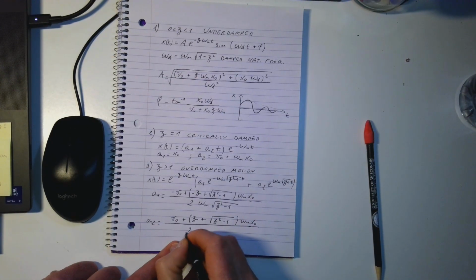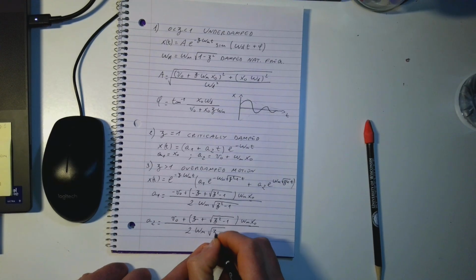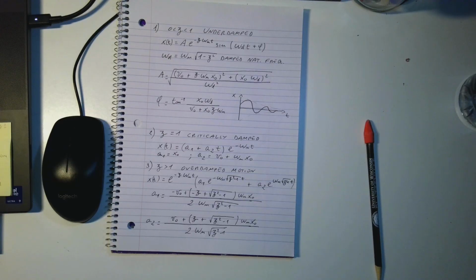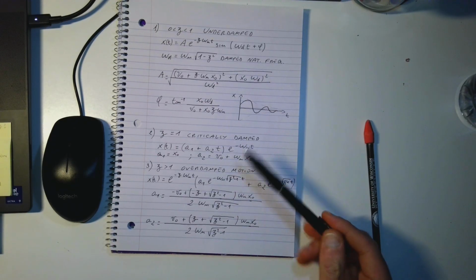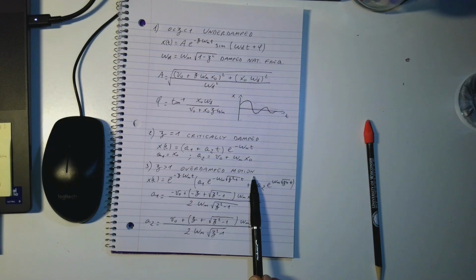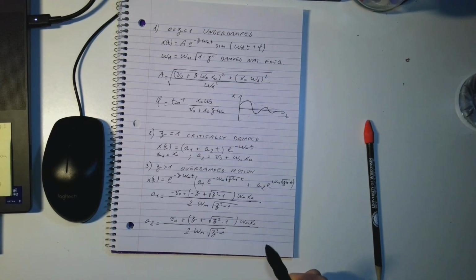The denominator will be the same, 2 omega n square root of zeta squared minus 1. Again, in these two cases, critically damped and overdamped motion, we don't have oscillations. That's why the motion is called non-oscillatory.